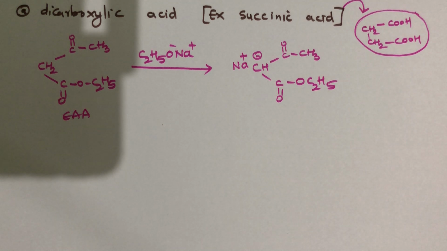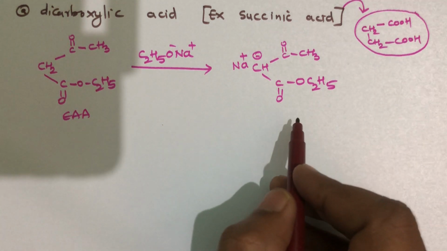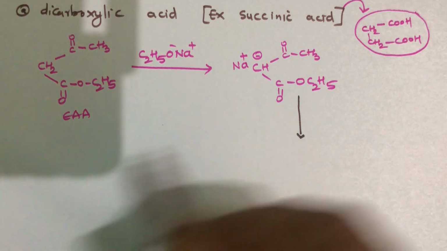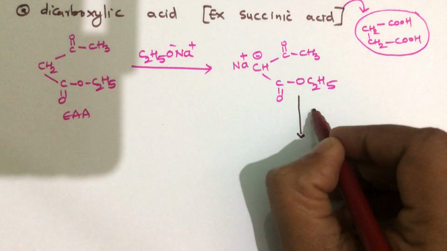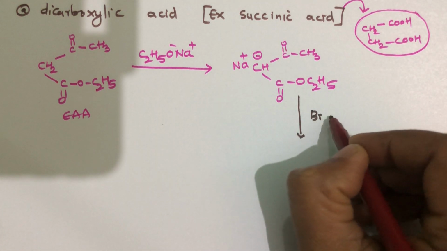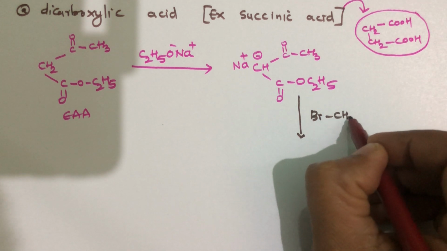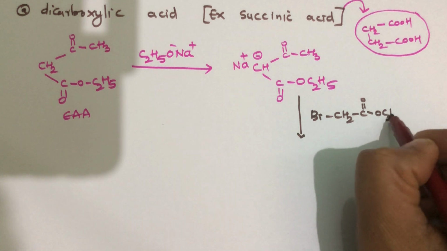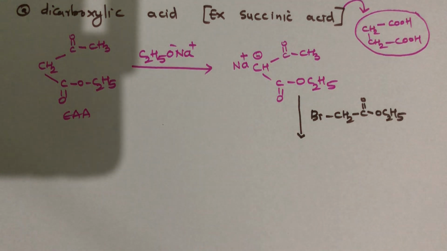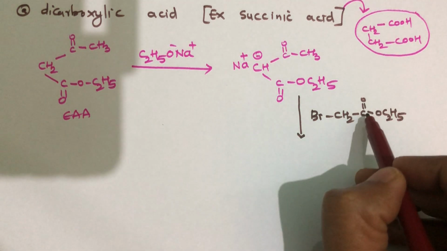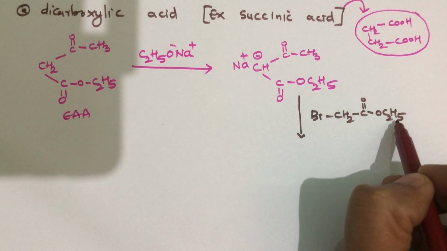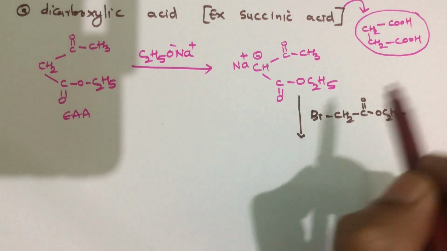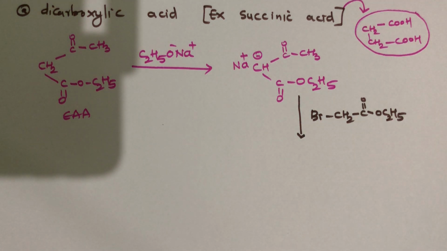So this is treated with bromoethyl acetate, Br CH2 C double bond O OC2H5. CH3 C double bond O OC2H5 is ethyl acetate, with a bromo substitution. So this is bromoethyl acetate.